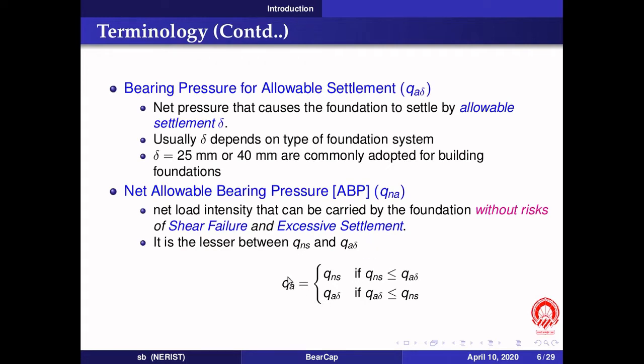That's why the net allowable bearing pressure will be equal to Qns if Qns is less than the bearing pressure for allowable settlement, and it will be equal to bearing pressure for allowable settlement if this is smaller than the net safe bearing capacity. So this is obvious. The lower of these two values we recommend as the net allowable bearing pressure.